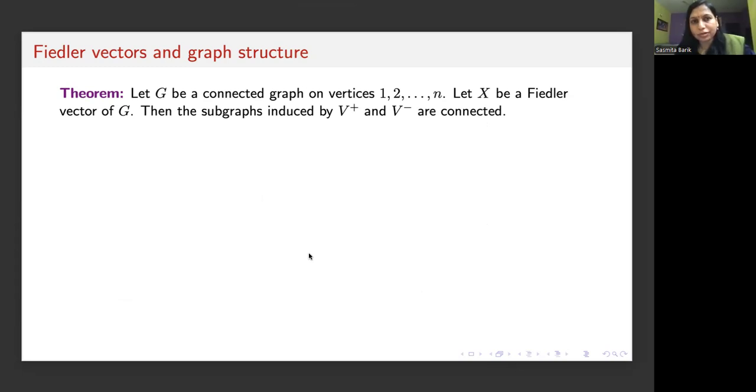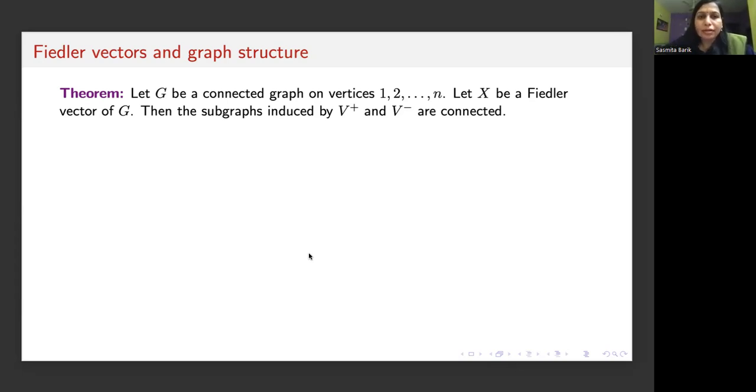So x is one Fiedler vector I have chosen. If you change x, your V plus and V minus may change. You may have more multiplicity, so you can get more vectors. For whichever vector you choose, you take your V plus and V minus accordingly.